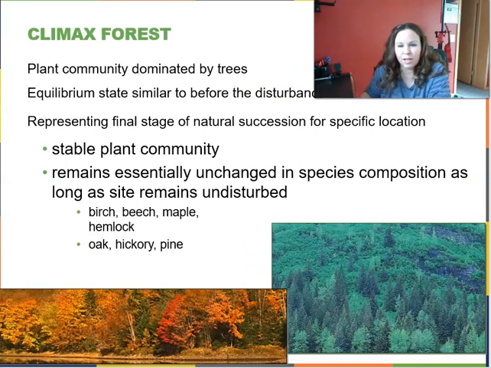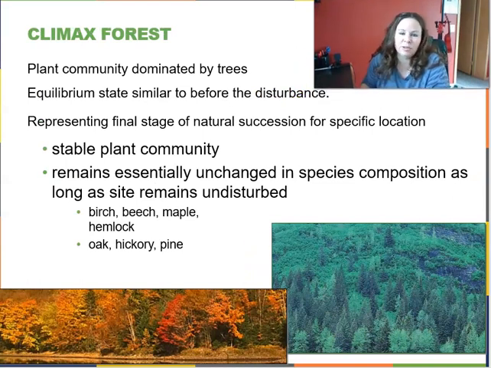And finally, our climax forest is the plant community dominated by trees, an equilibrium state, similar to before the disturbance and representing the final stage of natural succession for specific locations. It'll have a stable plant community and remains essentially unchanged in species composition as long as the site is undisturbed.